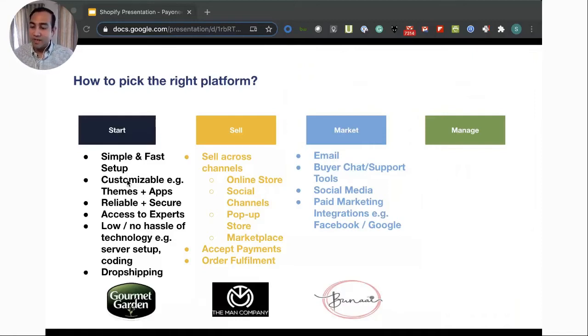So I think integrations with Facebook and Google in the digital world are critical. Bunai is a great example of a brand on Shopify. It's an Indian clothing brand which started on social and today has scaled into a large brand.